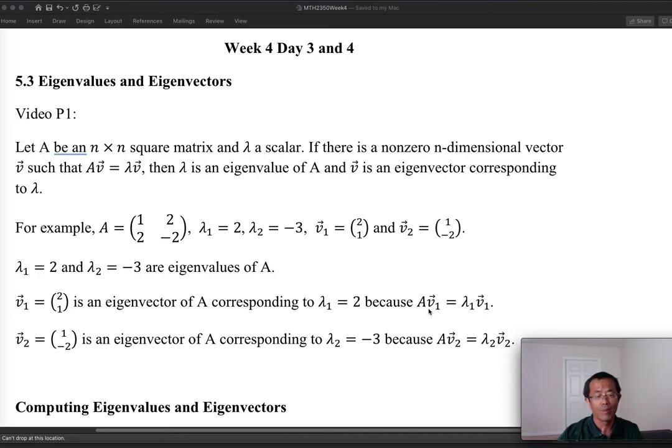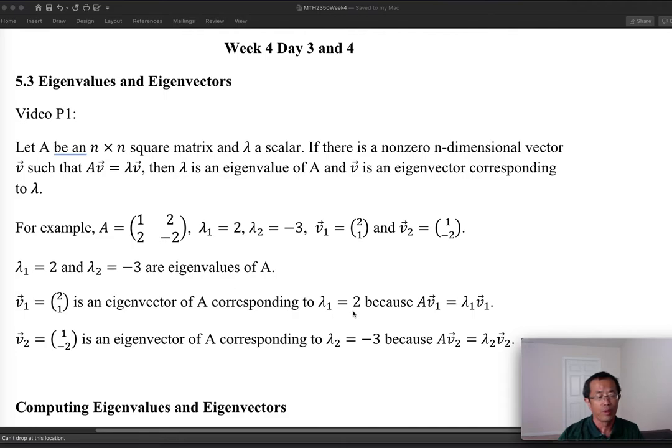I'm saying if you do a matrix multiplication A times v1, it will turn out to be the same as lambda 1 times v1. So accordingly, we say lambda 1 is an eigenvalue, and v1 is an eigenvector corresponding to lambda 1.